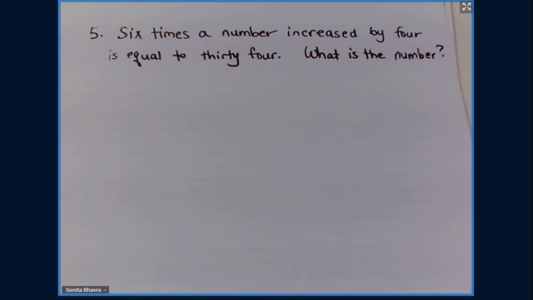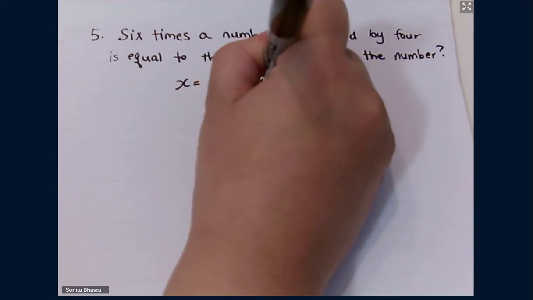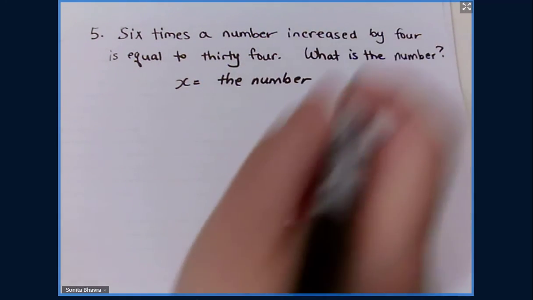Our last example: 6 times a number increased by 4 is equal to 34. What is the number? We're going to let x equal the number. That just states our variable.